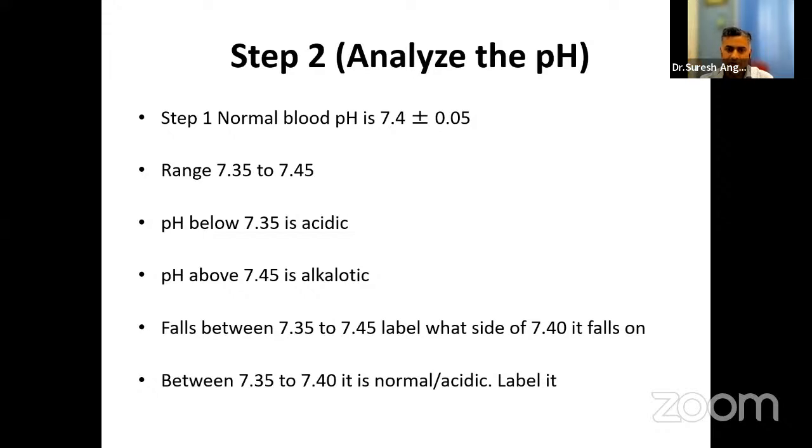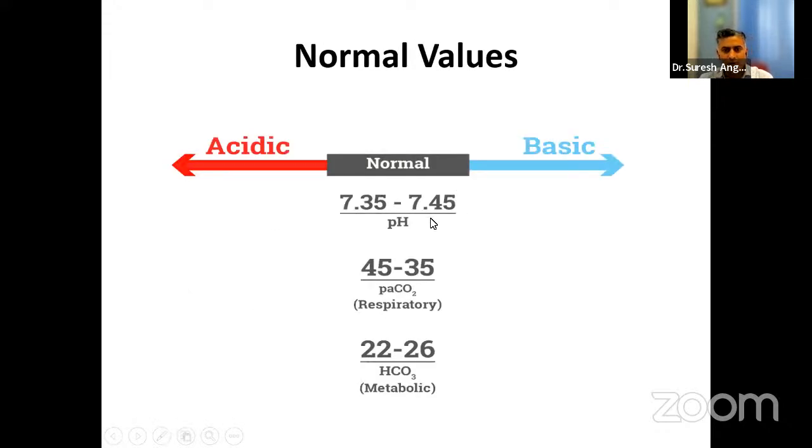So if the pH is normal and the bicarbonate and CO2 are all normal, then we can say that everything is normal. But if the pH is in the normal range and there is abnormality in CO2 or bicarbonate, even then there may be some acid-base abnormality, right? So this is the normal value.